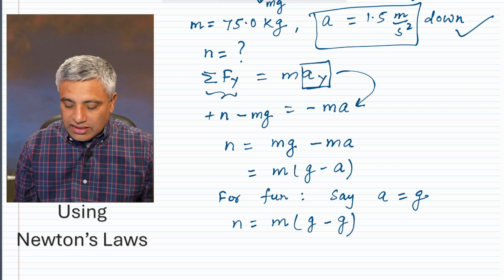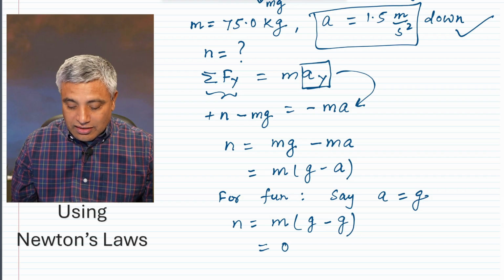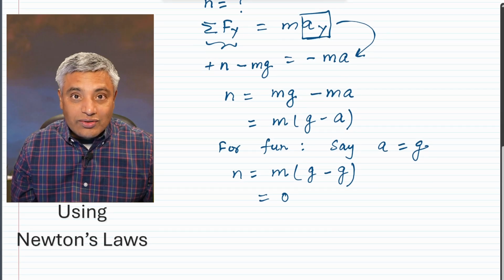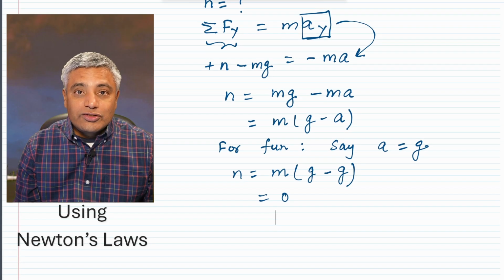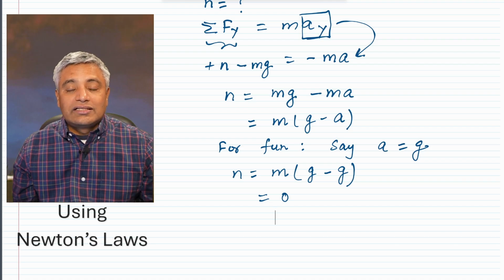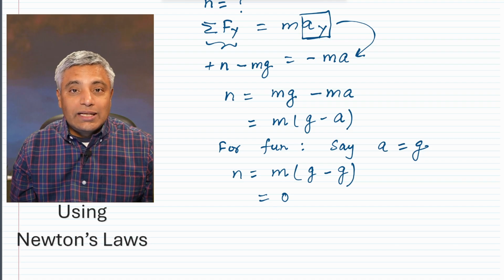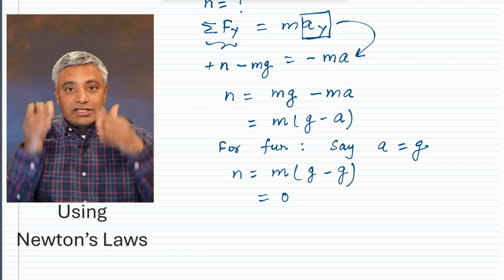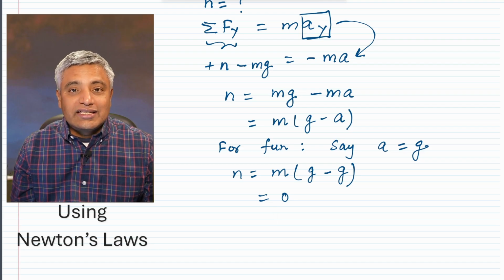All right, so this is 0. What that means? Normal force is 0, means apparent weight is 0. The object is said to be weightless. So the freely falling person is going to feel weightless because they are now accelerating at the same rate as the free fall.